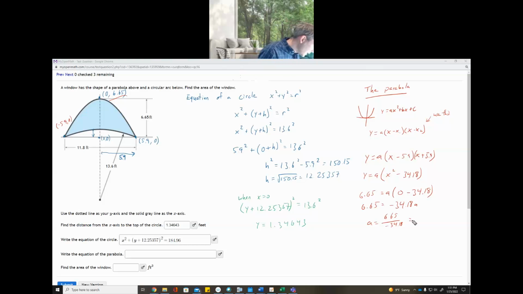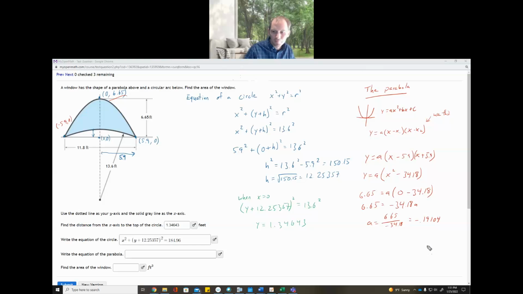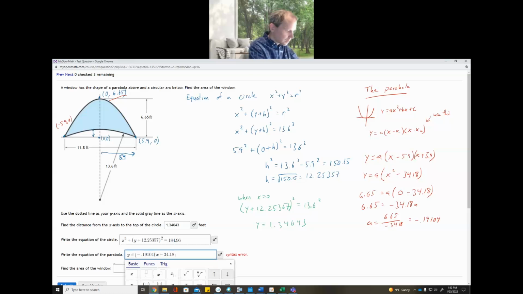So I have this negative 0.19104. So then the equation of my parabola is going to be y equals negative 0.19104 times x squared minus 34.18.